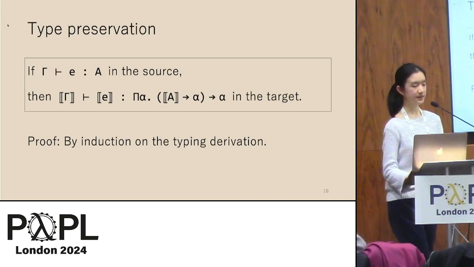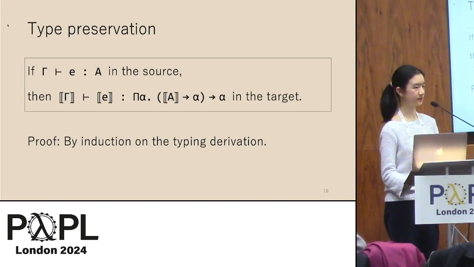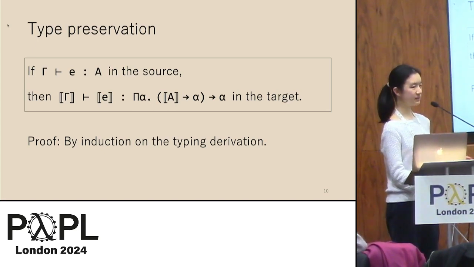Using these techniques, Bowman et al. were able to prove type preservation for their CPS translation for sigma and pi types. Great. So my goal is to prove the same property for a one-pass CPS translation.